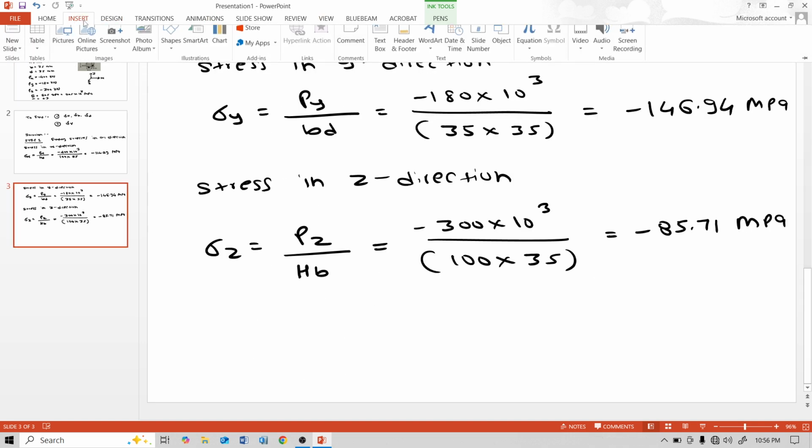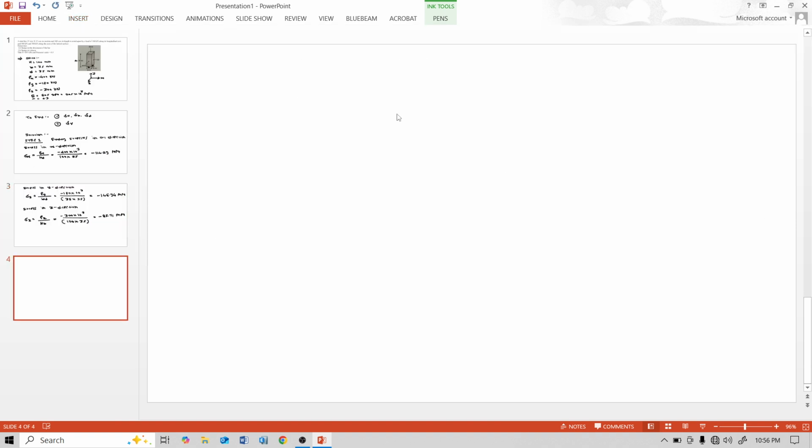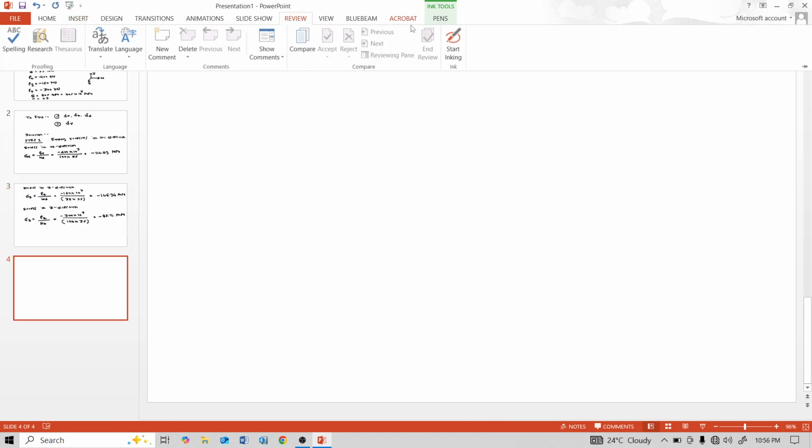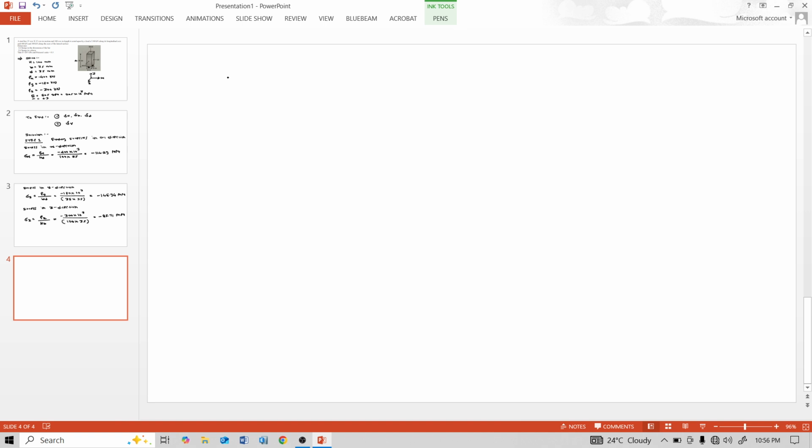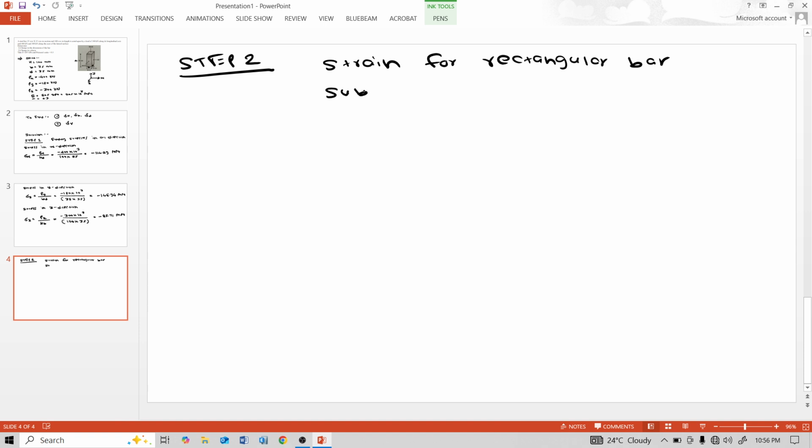Now, next, find strain. Step 2. Strain for a rectangular bar subjected to triaxial loading.